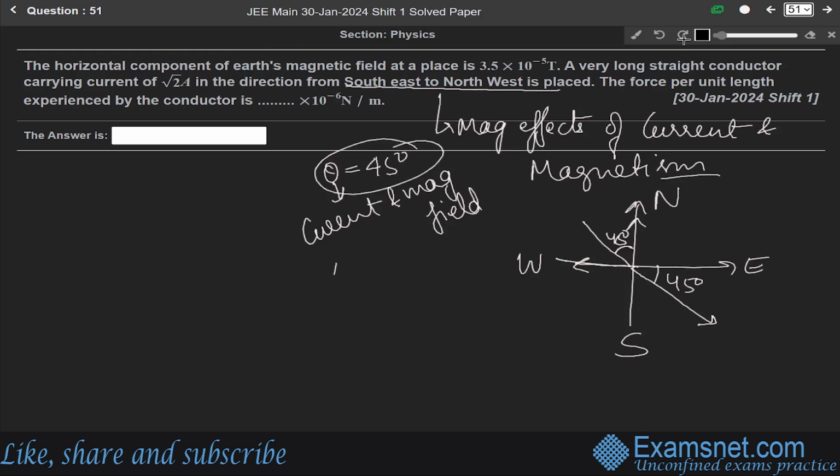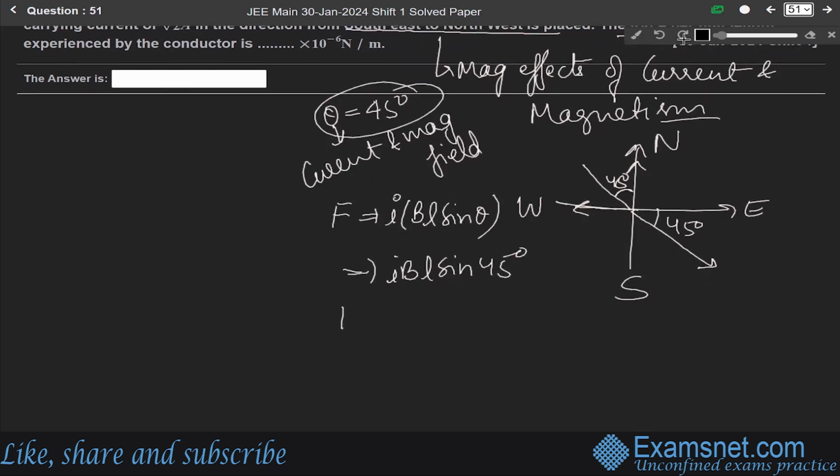We know that the force is equal to I B L sine theta. Since theta is 45 degrees, it will be equal to I B L sine 45 degrees. It is asking force per unit length. Force per unit length means force over length is equal to I B sine 45 degrees.